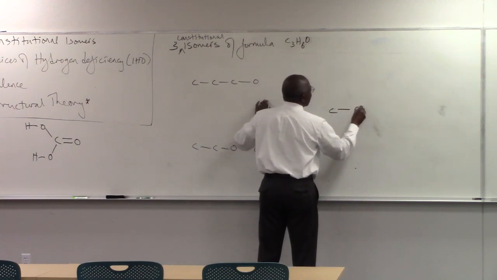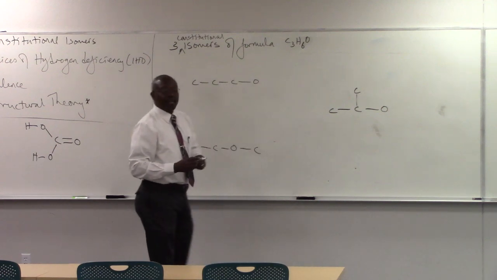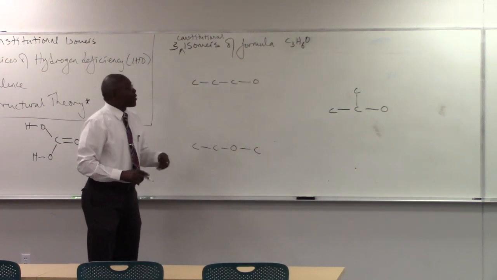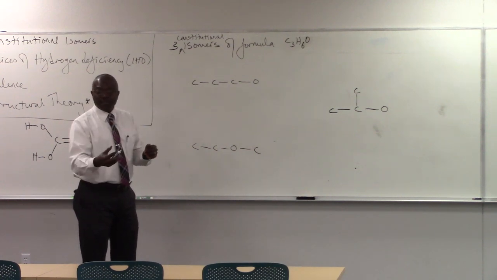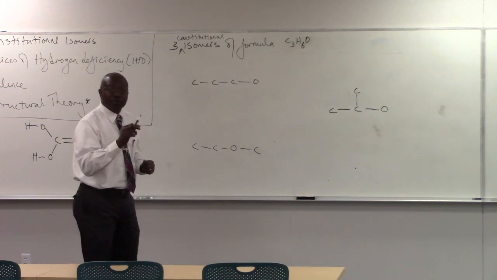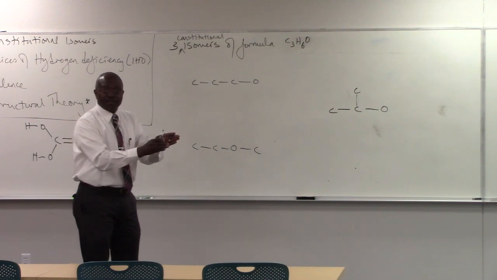Why don't we do a CCCO skeleton? Okay, let's do that. So these are 3 different skeletons. So what I'm going to try to do now is to populate each atom with H's, being obedient to the structural theory which insists on every element having a prescribed valence.